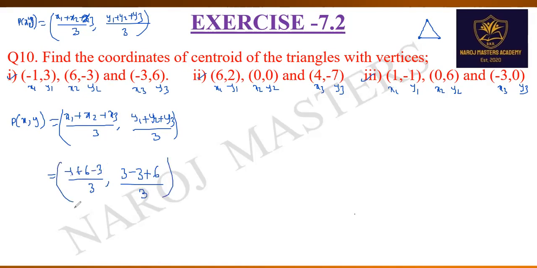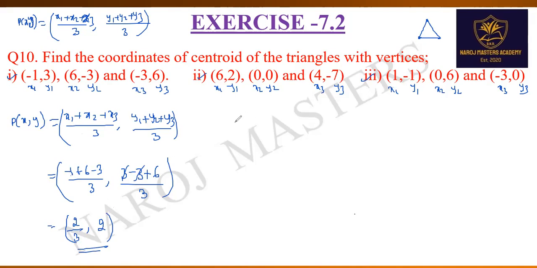So minus 1 plus minus 3, that is minus 4, minus 4 plus 6, that is 2 by 3 comma minus 3 plus 3 gets cancelled, 6 by 3, that is 2. So this is the centroid of the first triangle.